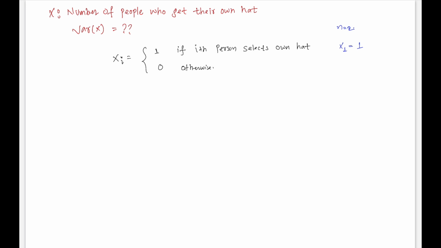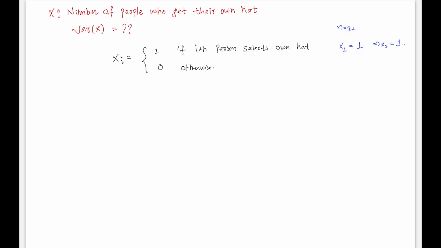Can you say something about person 2's hat? Yes, if there are 2 persons and person 1 has got his own hat, then we can say simply that person 2 will also get his own hat. So the point is that if you know this random variable, then you know this random variable.